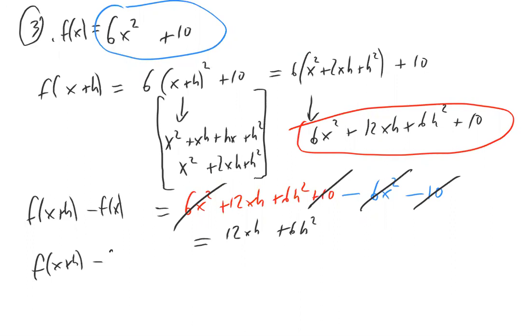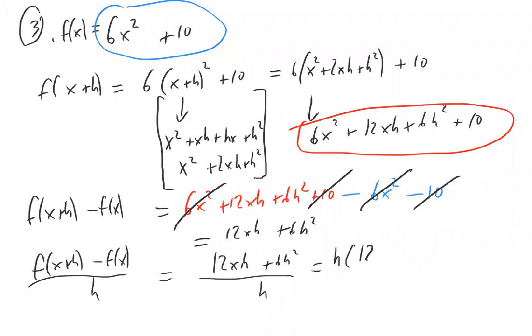Then our last and final step is we're going to do f of x plus h minus f of x, over h. The top of it is equal to 12xh plus 6h squared. The bottom of it is equal to h. On the top of it, I can factor out a common factor of h, leaving me with that. And now the h crosses out.